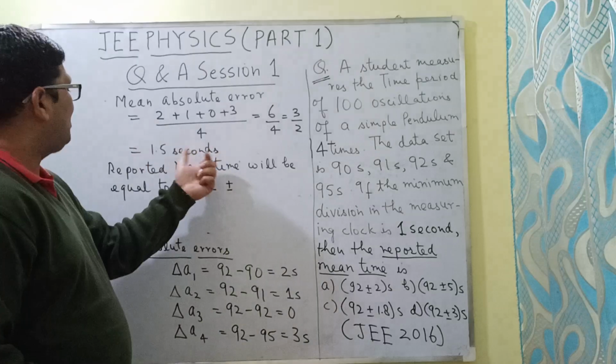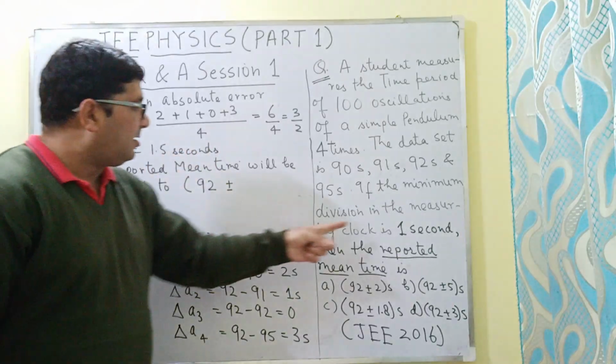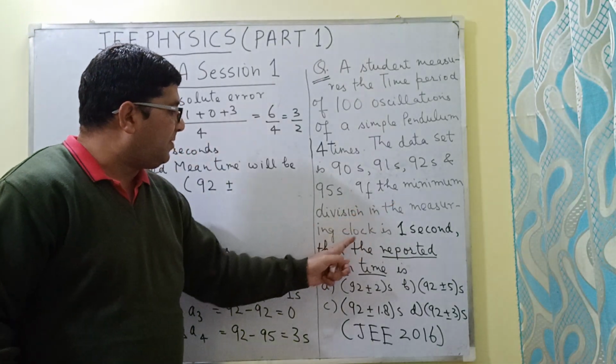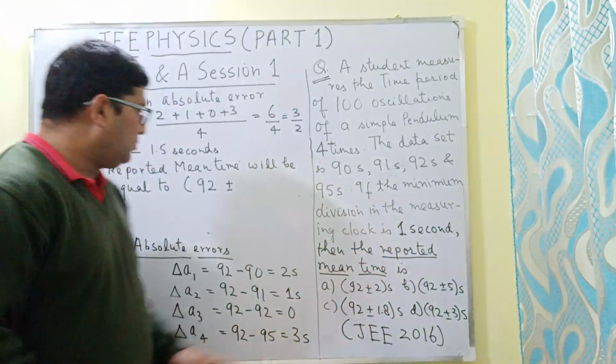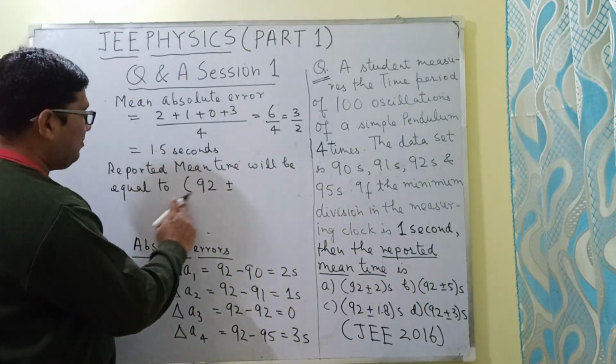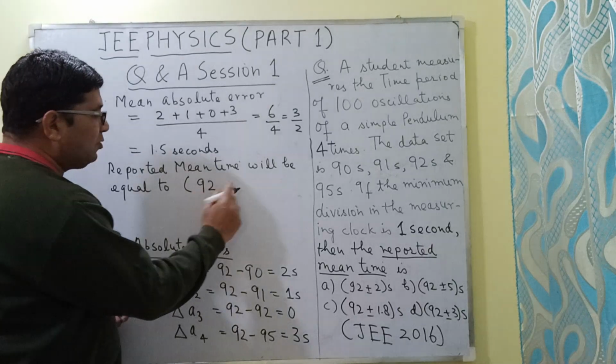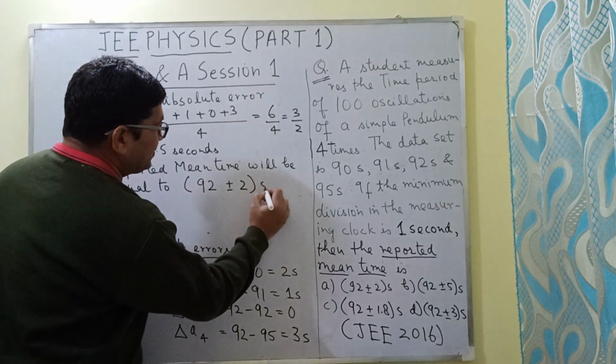Now here the mean absolute error is 1.5 seconds and the minimum deviation in the measuring clock is 1 second. So therefore the reported mean time will be equal to 92 plus minus 2 seconds.